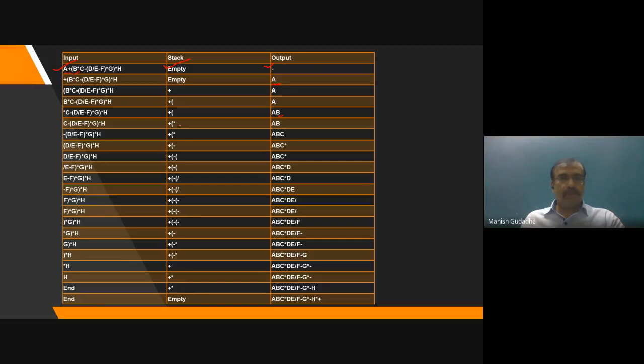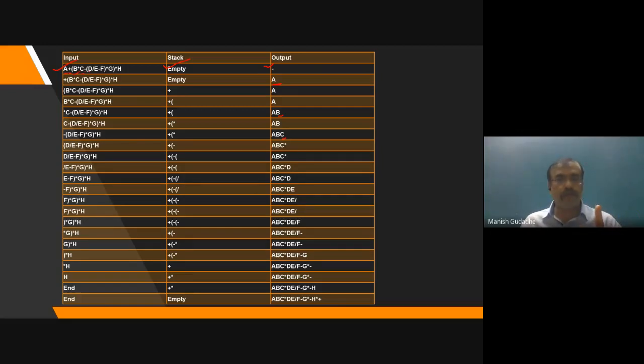Now the asterisk symbol, the multiplication operator, is also pushed onto the stack. Then comes C, which directly becomes part of the output. Then comes minus. Minus is the scanned operator, and we check it with the top of stack operator.